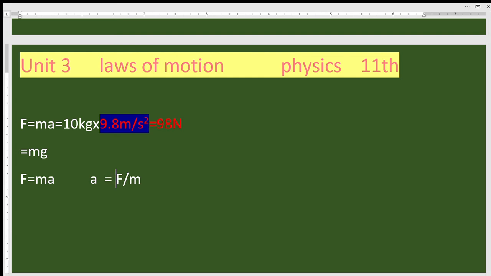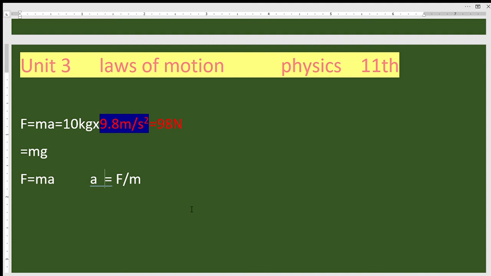So why is this formula important now? Although we have not reached Newton's third law, we know that Earth attracts each and everything towards its center, because action and reaction are equal and opposite.